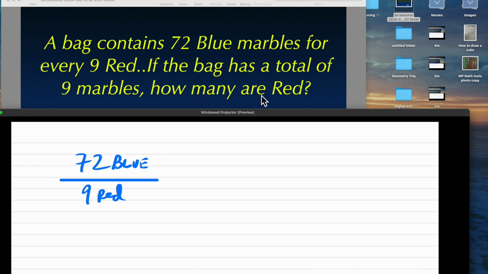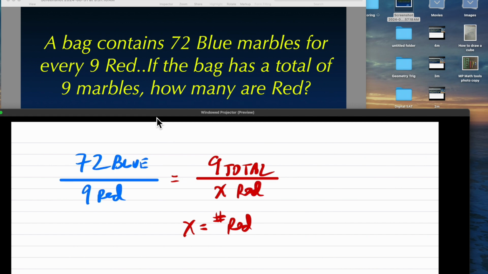How many are red? So we're going to set x equal to the number of red. Okay, now, the bag has a total of 9 marbles. Okay, so in part 2, they say 9 total marbles. How many are red?